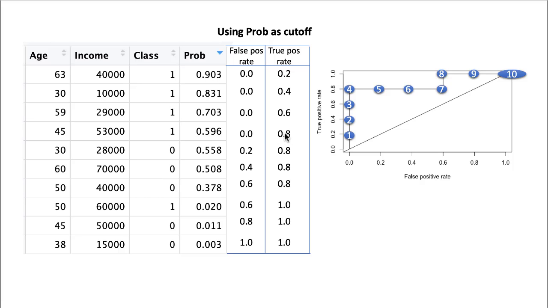So in some sense a cutoff of 0.596 is a really good value because it allows us to capture most of the true positives, 0.8. So 80% of the true positives you have already captured here without incurring the cost of any false positives as of this point. Now when you keep on lowering the cutoff a little bit further, you start now only capturing false positives.